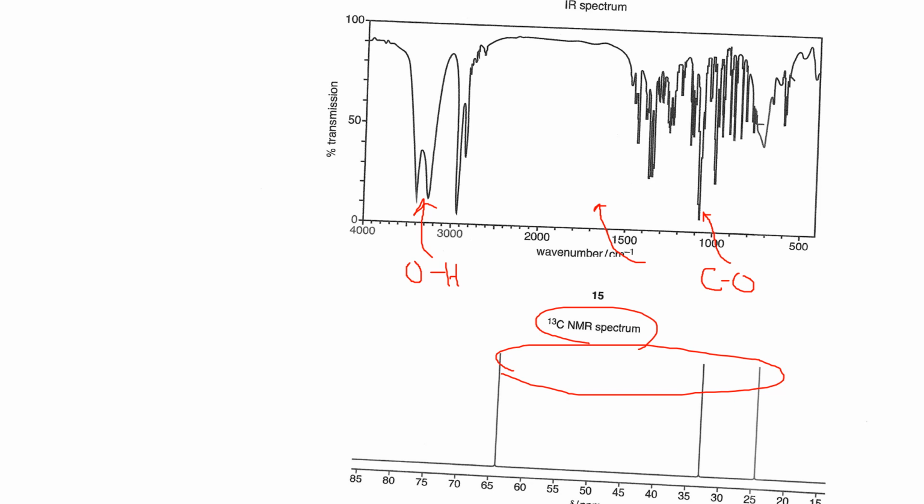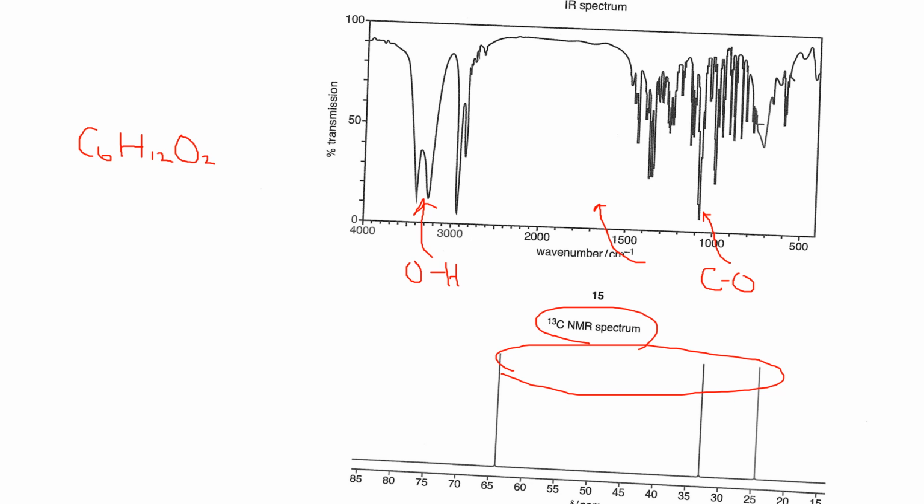Let me write down the molecular formula first, which is C6H12O2. From the degree of unsaturation equation, we got 1, so it should be a ring rather than a double bond.